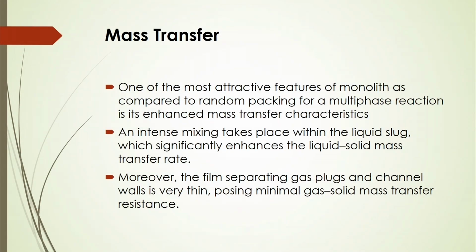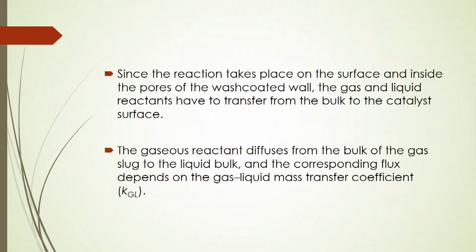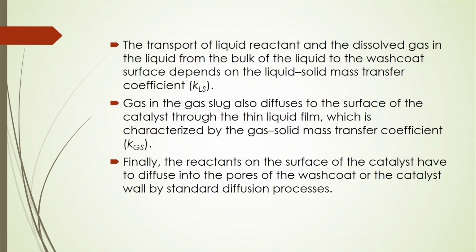Again, the mixing characteristics will affect the mass transfer phenomena, and the different mass transfer phenomena like gas-liquid-solid and pore distribution are given in the slides, along with the different types of mass transfer coefficients for gas-liquid-solid.